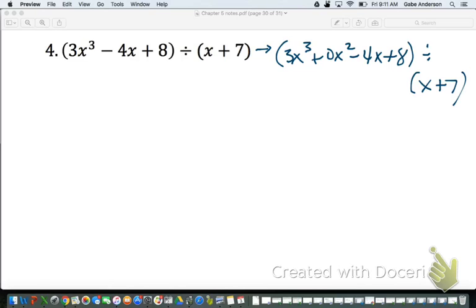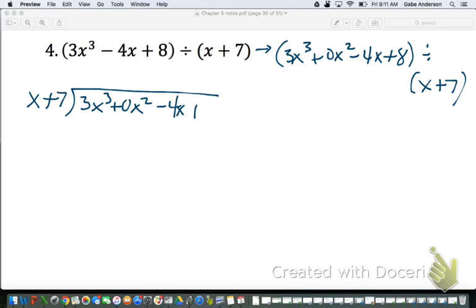Okay, so now I'm going to write this out in the classic way of writing division. We're going to use long division here, so it's x plus 7 divided into 3x to the third plus 0x squared minus 4x plus 8. It is a placeholder.